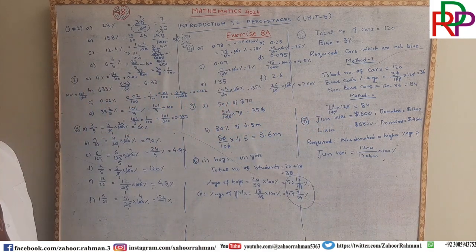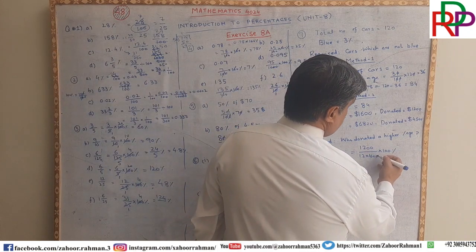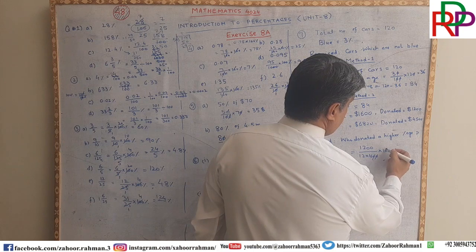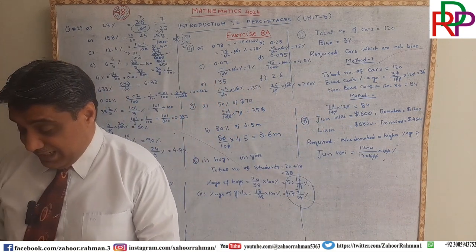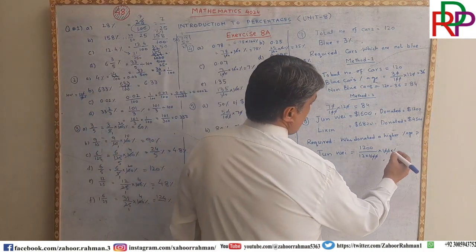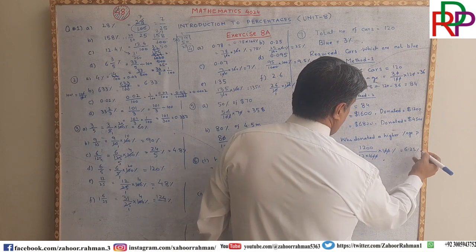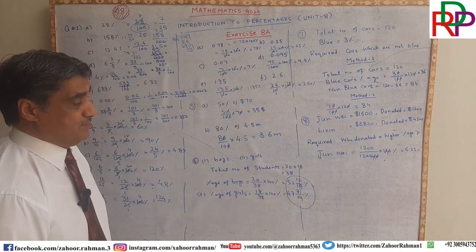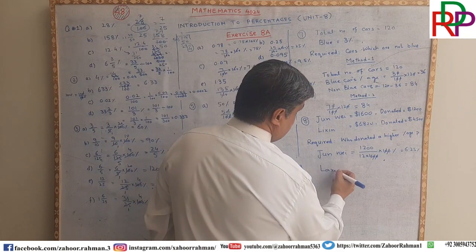First we have to find in 100%. So these two zeros will be cancelled with this one, and when we get the result, that will be 6.25%.